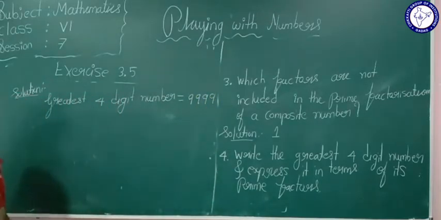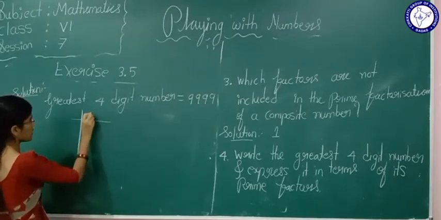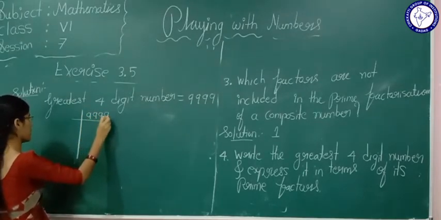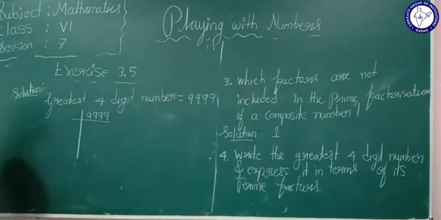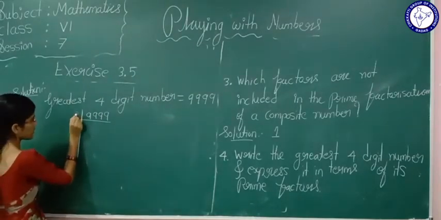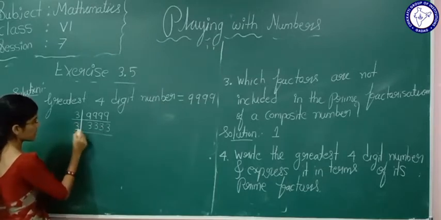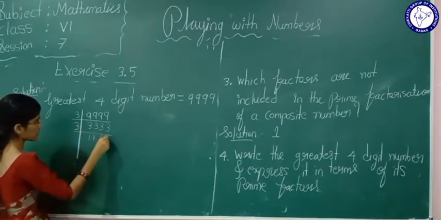So this we have to express in prime factors. Now see here, 9999. We are going to divide by the smallest prime factor, that is 3. 3 threes are 9, 3 threes are 9. Again this we can divide by 3.